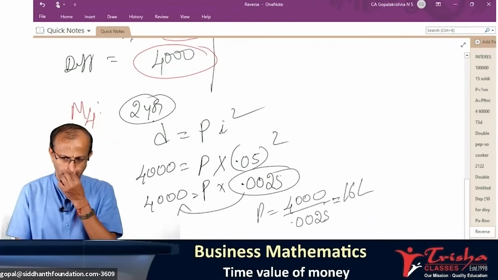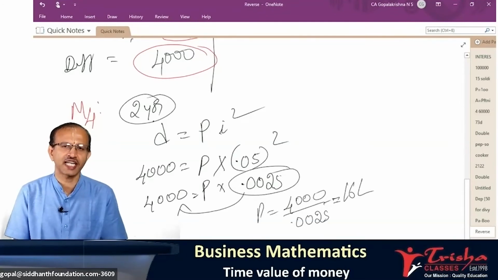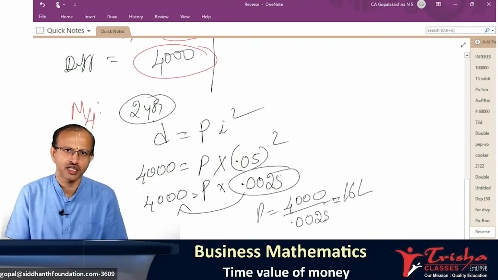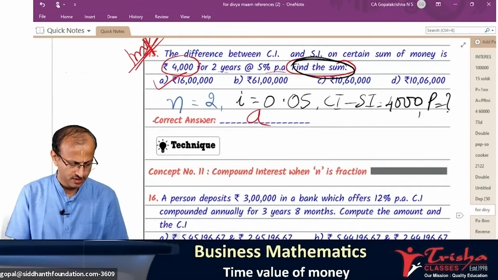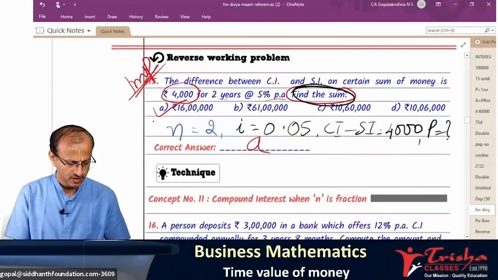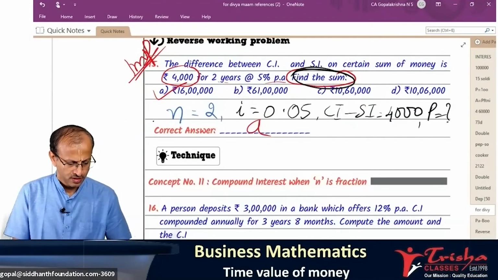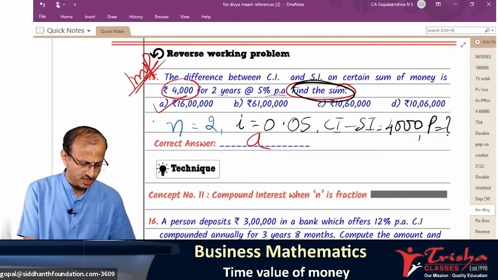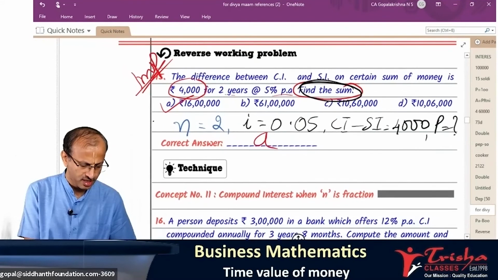Please take down: method 3 is more suitable. Just try by options. So write the technique here. I have given you 4 methods explained.